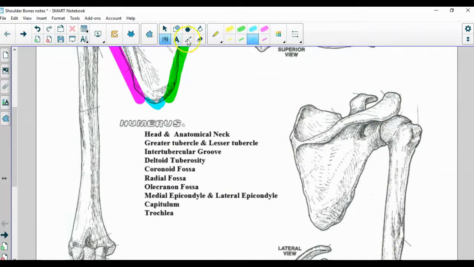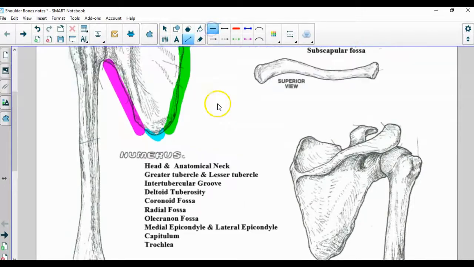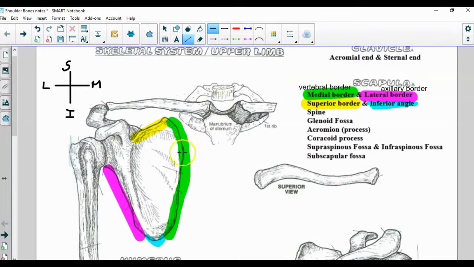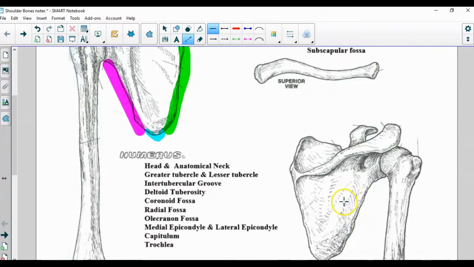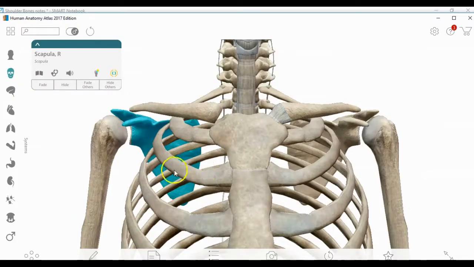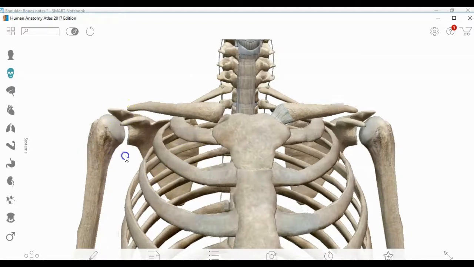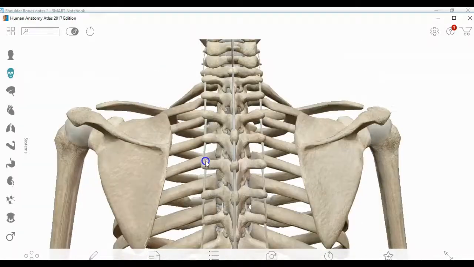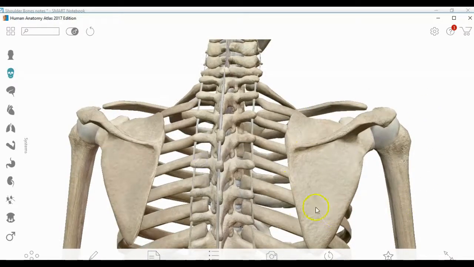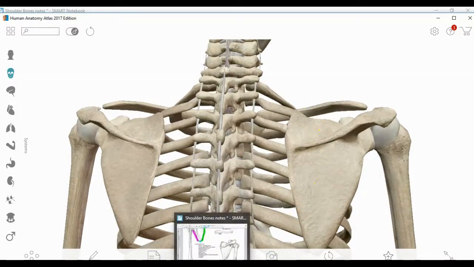Before we do that, I'm going to add in another compass. What we've done in this worksheet is take this bone and flip it over to a back view here. So I'll show you what that looks like. We're taking this view, without the ribs of course, and flipping it over towards the back view. So we're still looking at the right scapula.